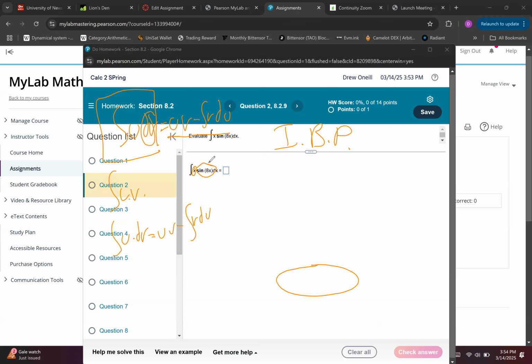But I will tell you right now, when you have a term like x, or x squared, or x cubed, or even if we had stuff added to these, and our other term is like e to the x or sine or cos, and maybe ln, maybe we'll put a star there. These are better candidates for dv, and these are better candidates for u.